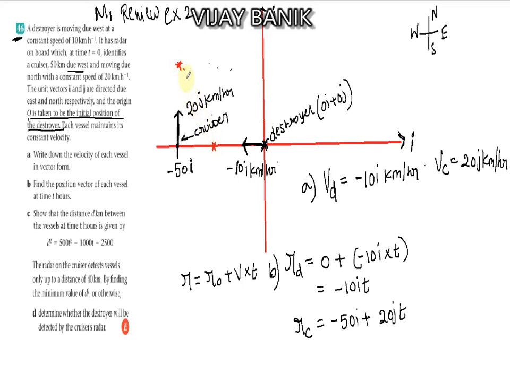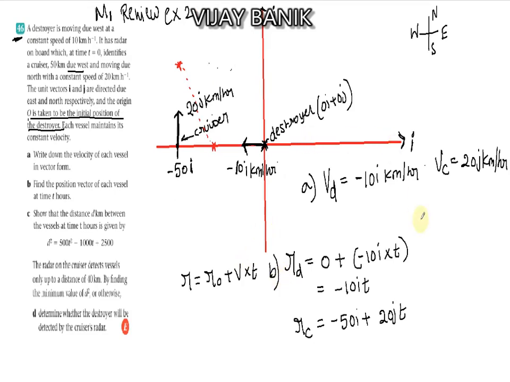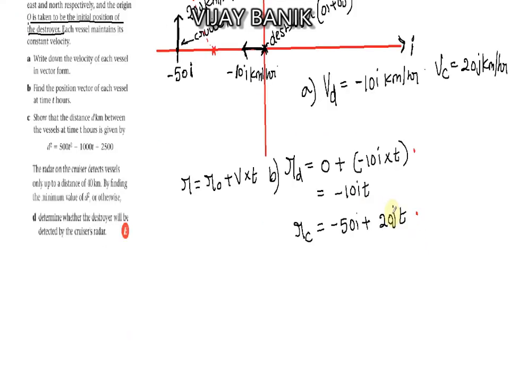How do you find the displacement? Remember, displacement between two positions is found by subtracting their vectors. This is the cruiser's vector after a certain time t, and this is the destroyer's vector after a certain time t. Now what is their displacement after time t?